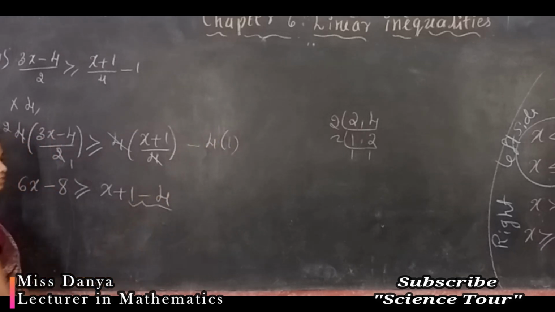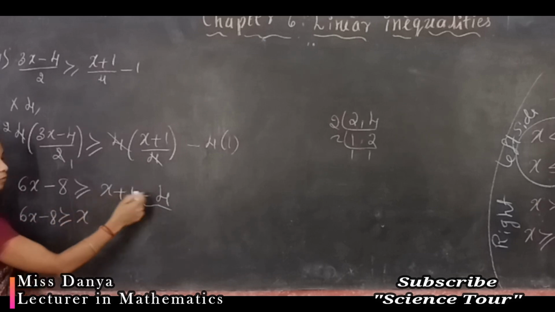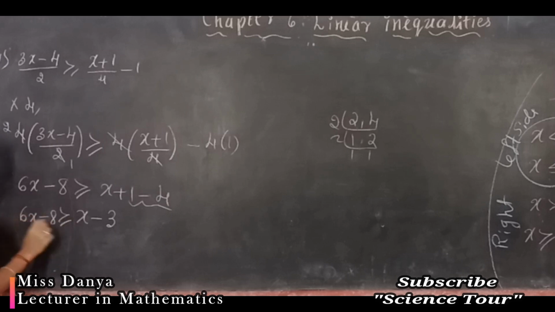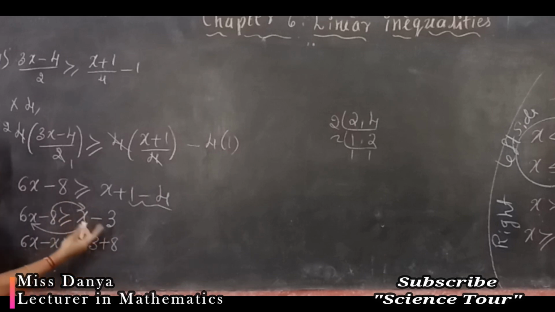Simplify these two: 6x minus 8 as it is, greater than or equal to x as it is, 1 minus 4 that is minus 3. You have to shift the x term to the side where the x term is larger. 6x is larger, so to that side you shift this x, as minus x, greater than or equal to minus 3, already there on the same side, so without change you write it, and minus 8 we are shifting as plus 8 to the right side.